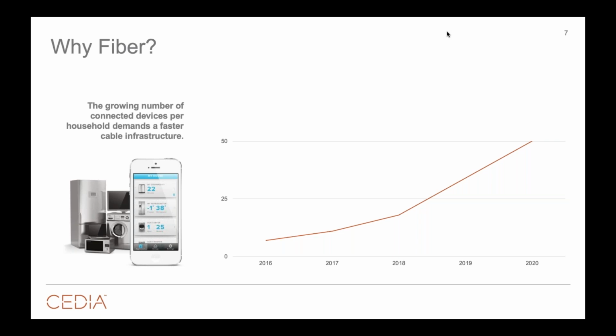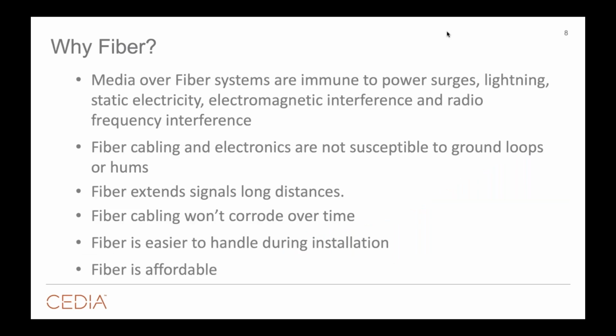Half of my kids' toys that I buy now have a web-enabled option to them. All of these things hit the network. And this year, 2020, we're expected to see the average middle-class home eclipse 50 connected devices. And now we throw streaming video on top of that, streaming audio on top of that. It's a large ask. And this is where fiber really starts to play a major role.